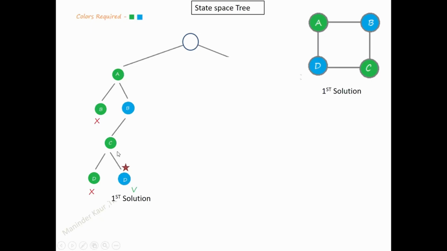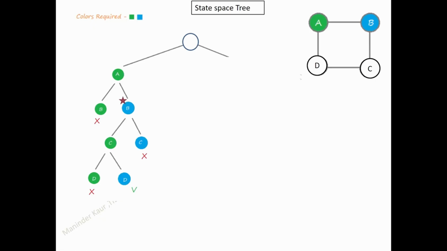Now again backtracking will be done, as you have explored all the possible colors for D. Now you will have to explore another color for C, that is blue. But blue is not possible, because both adjacent vertices will become blue.